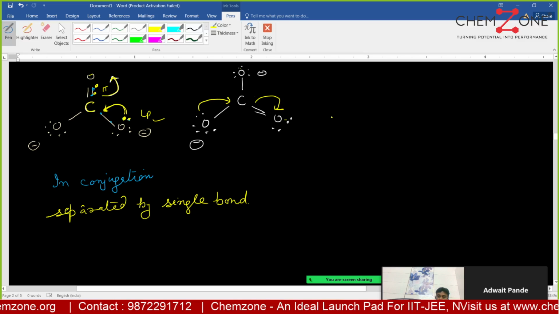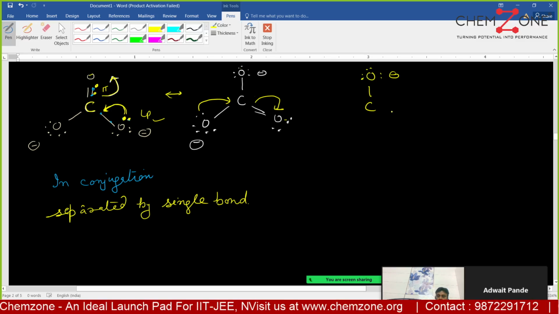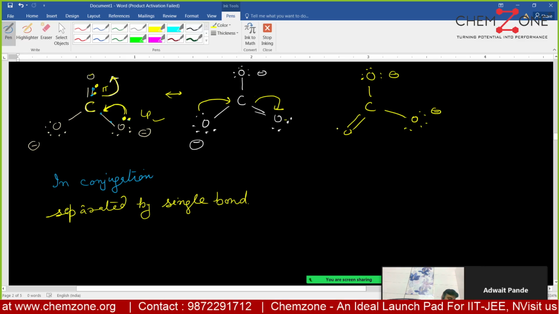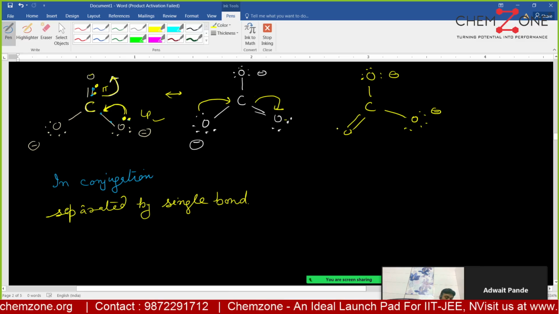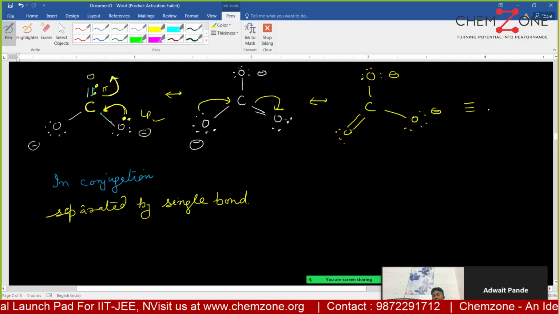This O will become negative, this becomes a double bond. Understood? None of the structures is correct. Actually, the negative charge is dispersed all over.